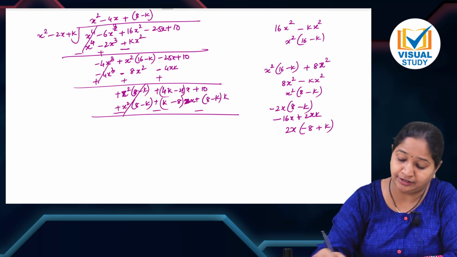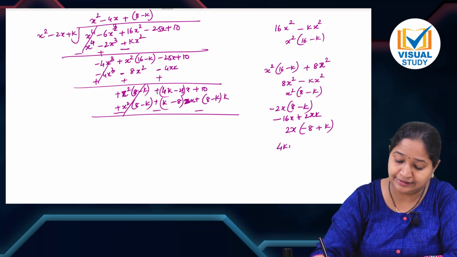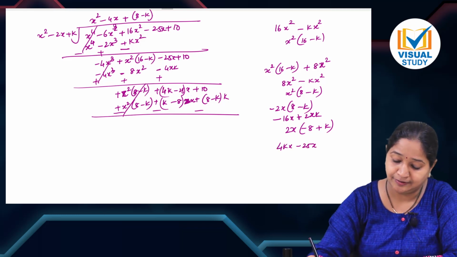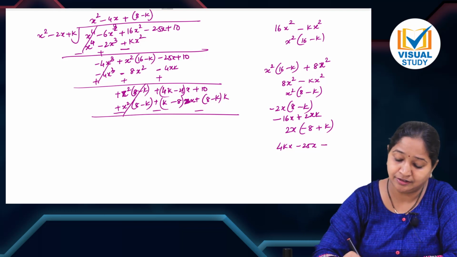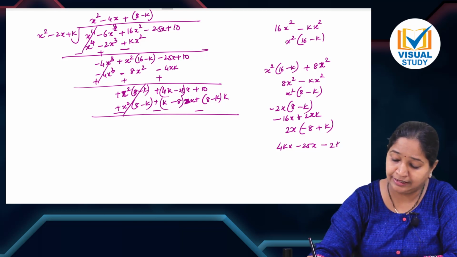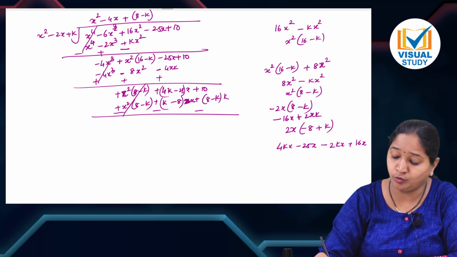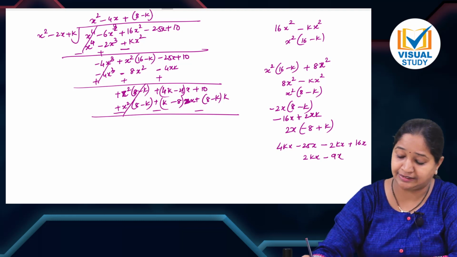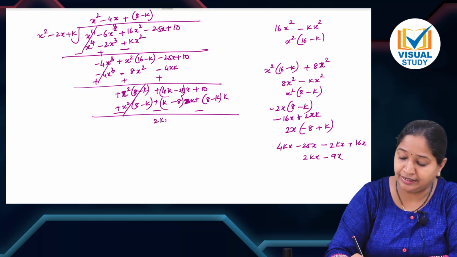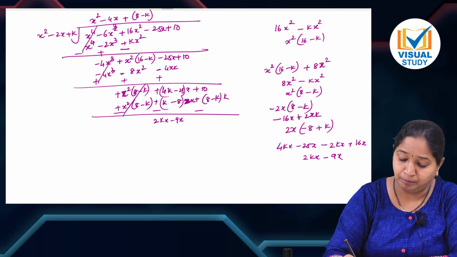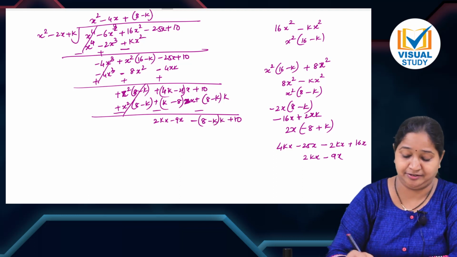And after doing all this, that is 4kx minus 25x minus 2kx plus 16x, what you get is 2kx, and 25 plus this is minus 9x. So 2kx minus 9x, minus 8 minus k into k plus 10.